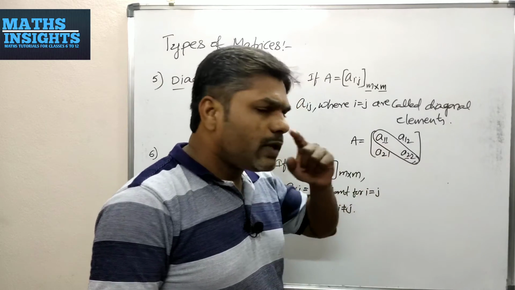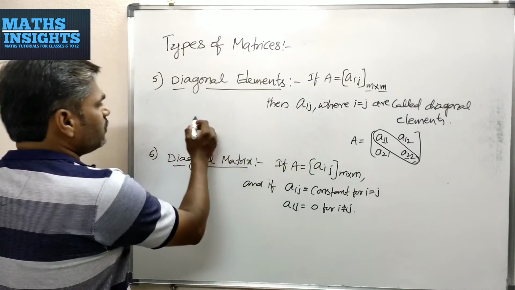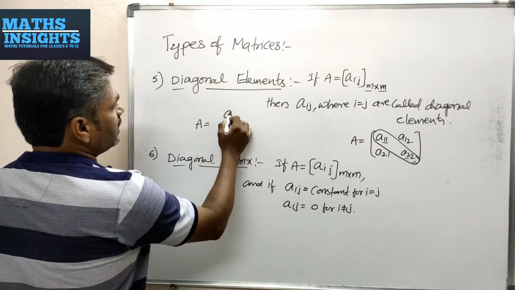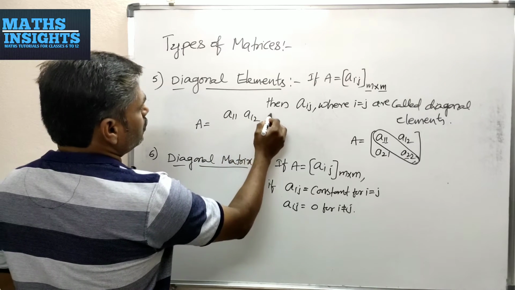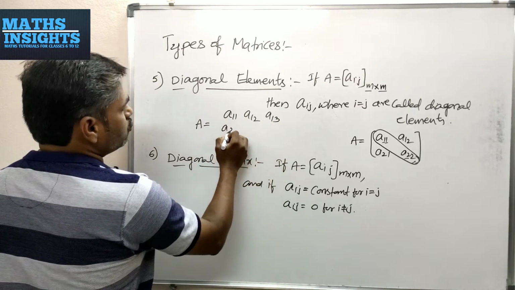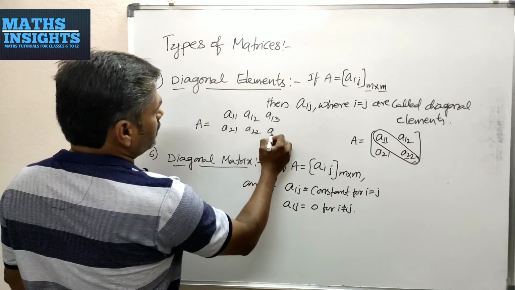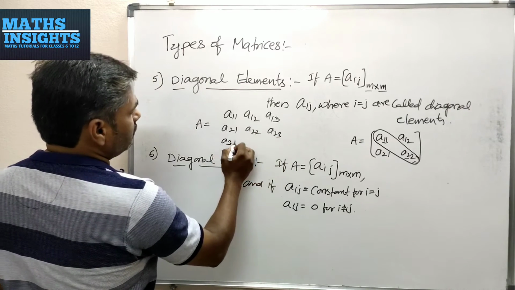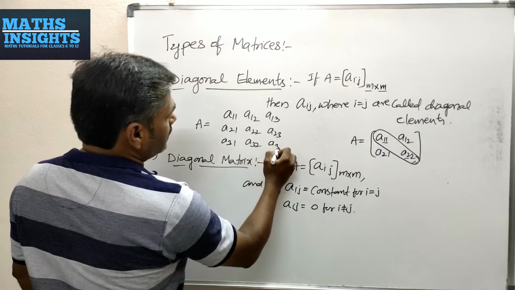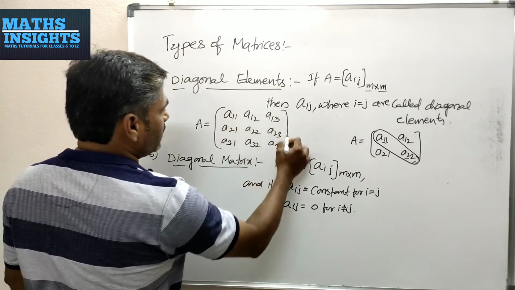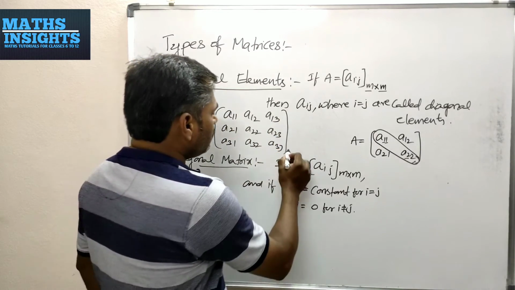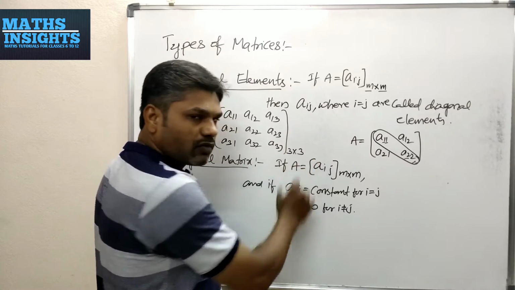Okay, you may write 3 by 3 also. If you take A as 3 by 3: A11, A12, A13, A21, A22, A23, A31, A32, A33. This is a square matrix since its number of rows is equal to its number of columns.